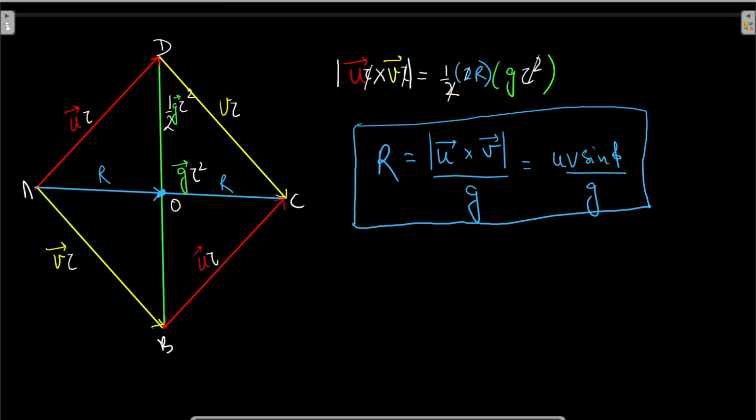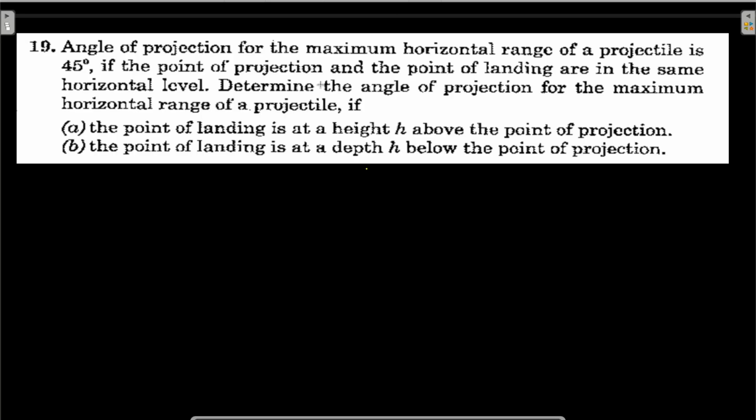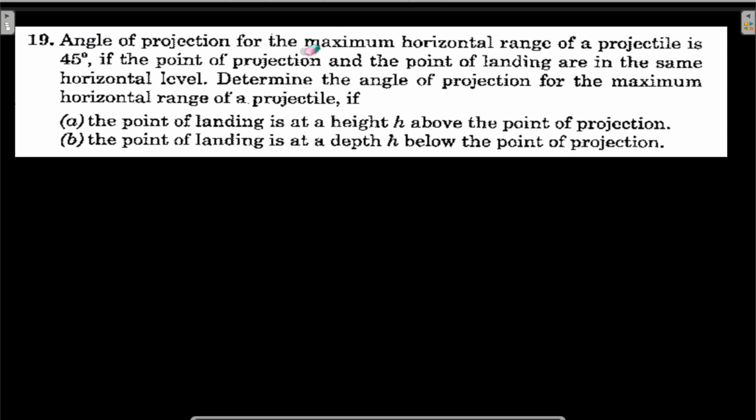So almost all kinds of analysis are done, so we'll move on to the problems. This is a problem from Pathfinder. We'll give a formal reading to the problem statement. The angle of projection for the maximum horizontal range of a projectile is 45 degrees.